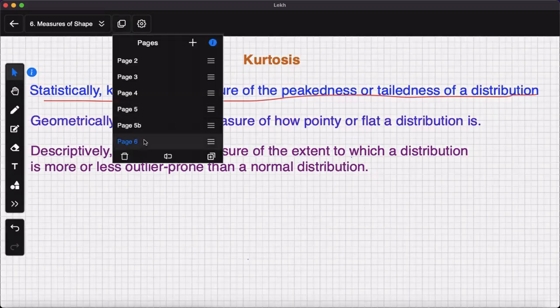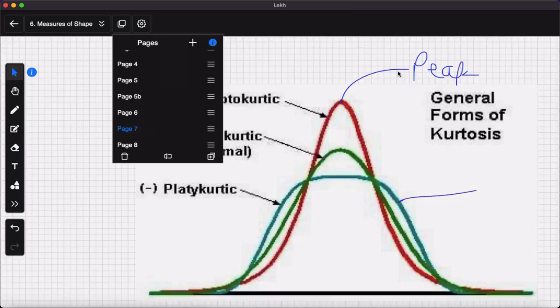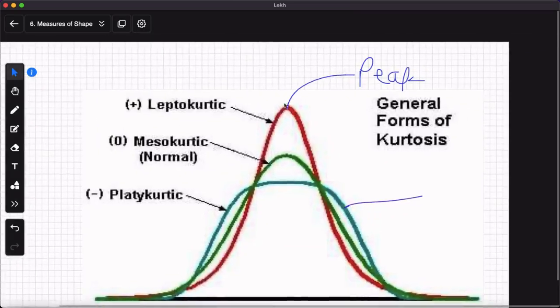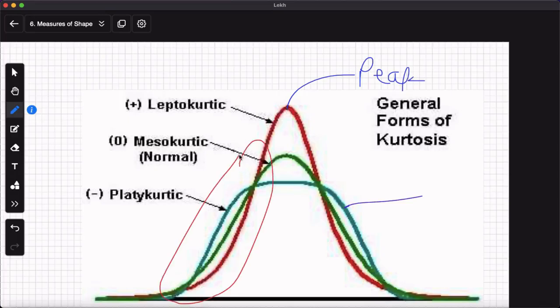Peakedness, the highest point of the curve. And the tail, I've talked about tails the other time. Now, a leptokurtic distribution actually has a higher peak and heavier tails. It has heavier tails than those of a normal distribution.